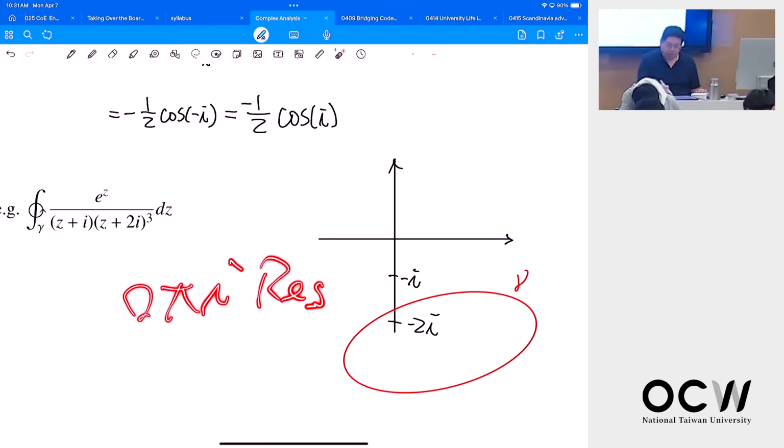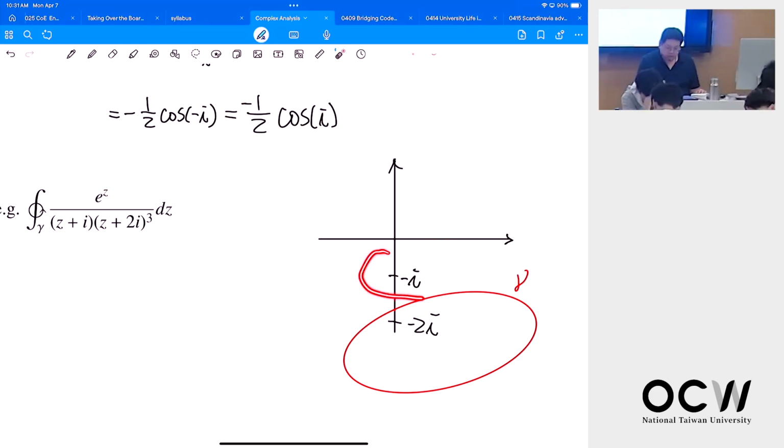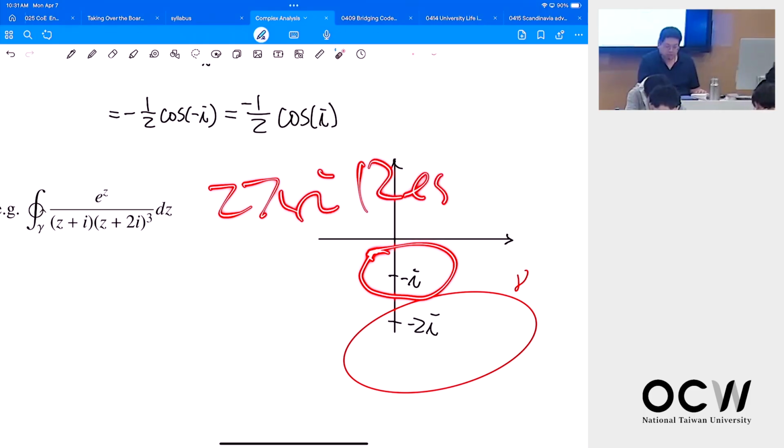If I have a closed curve here, your integration is 0, right? If I have a closed curve here, your answer is 2 pi i times the residue at minus i.